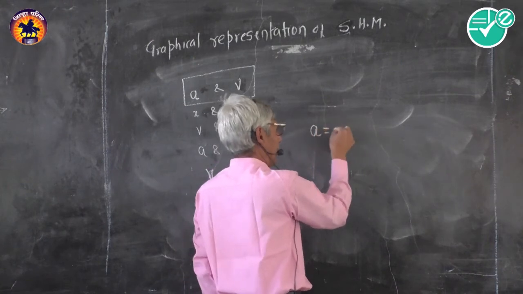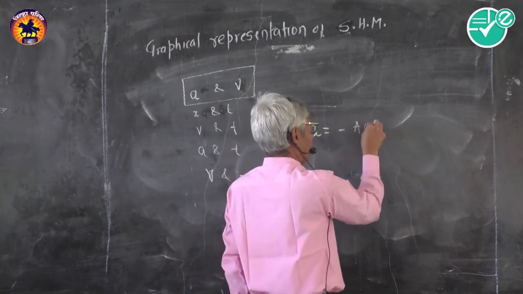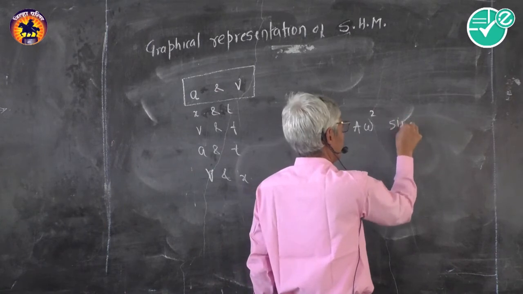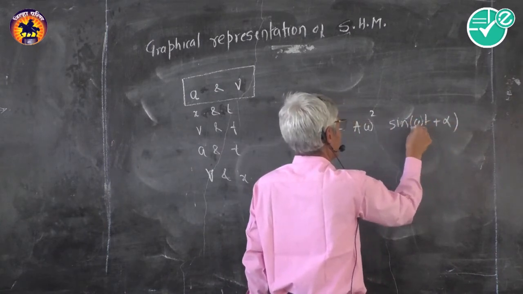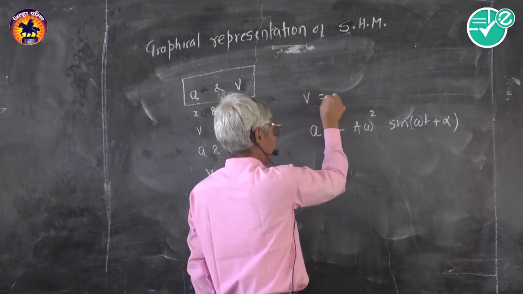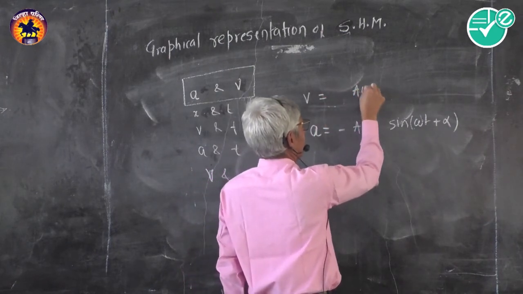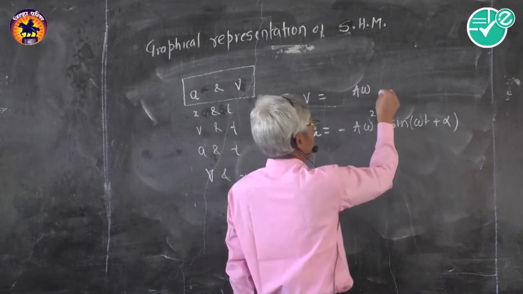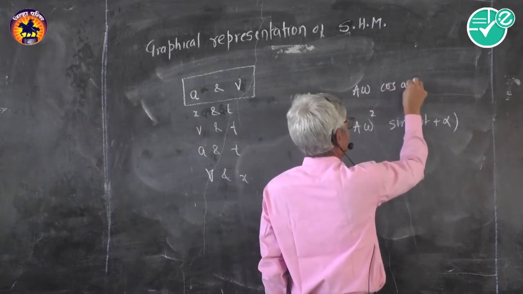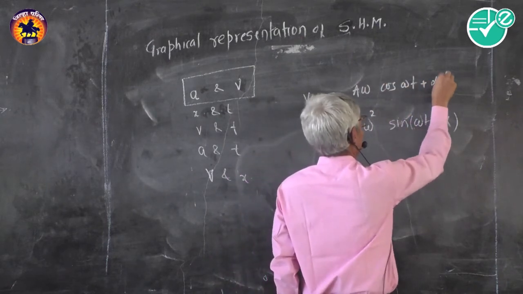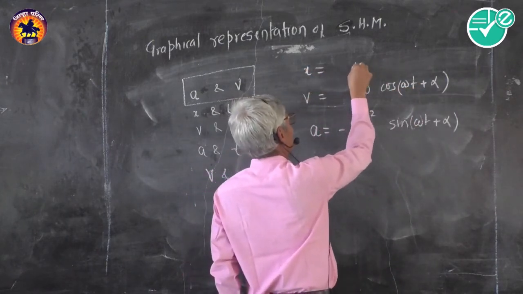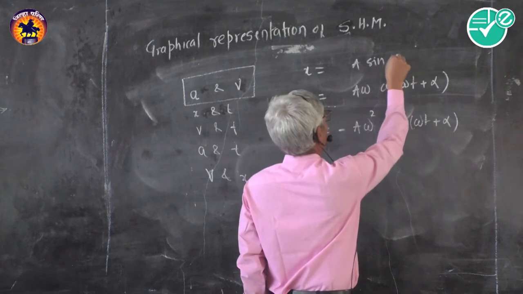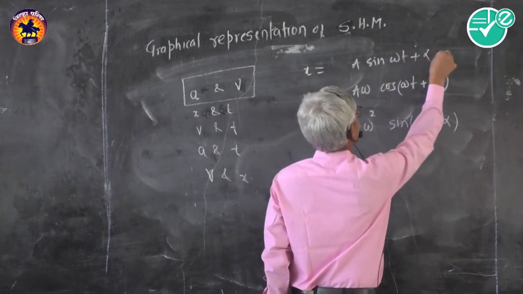The equation for the acceleration is minus a omega square sin omega t plus alpha, and velocity is a omega cos omega t plus alpha, with the assumption that x is equal to a sin omega t plus alpha.